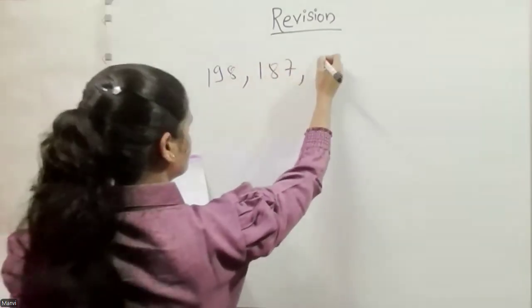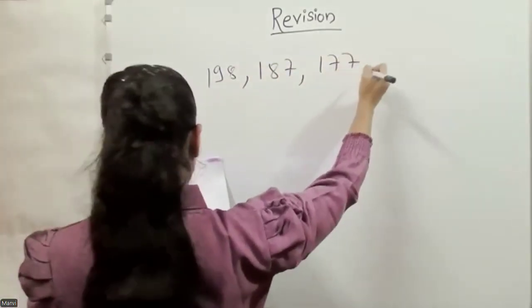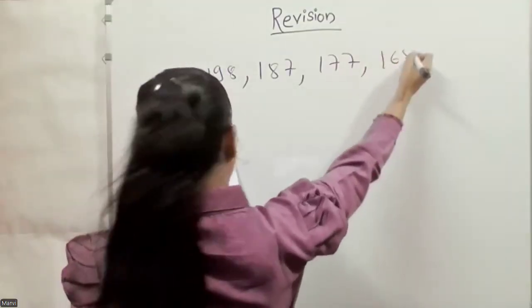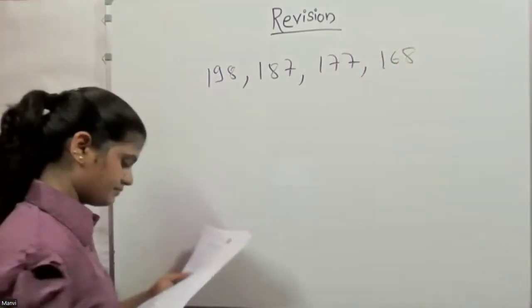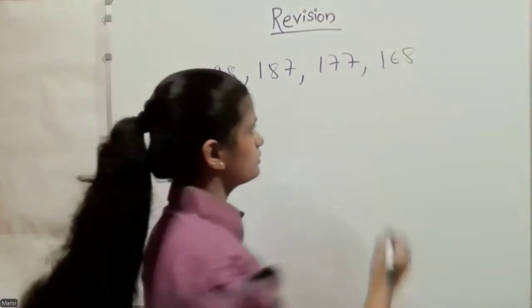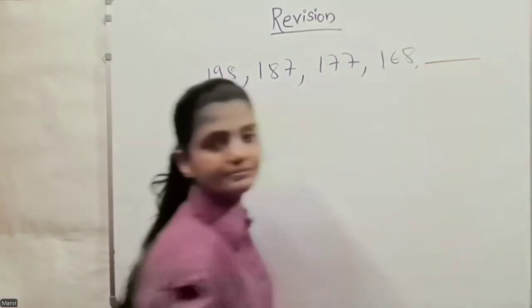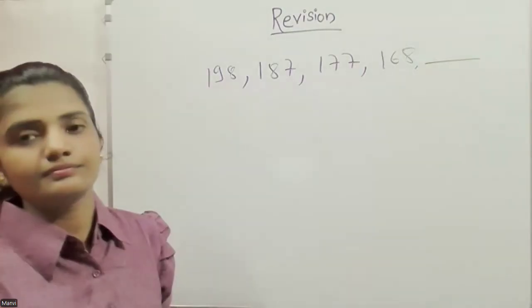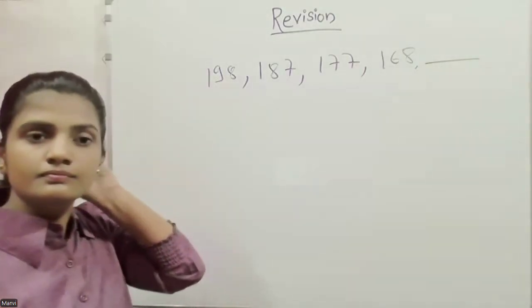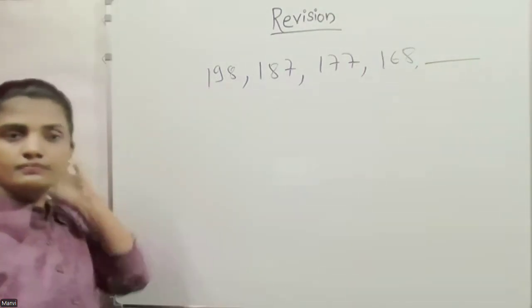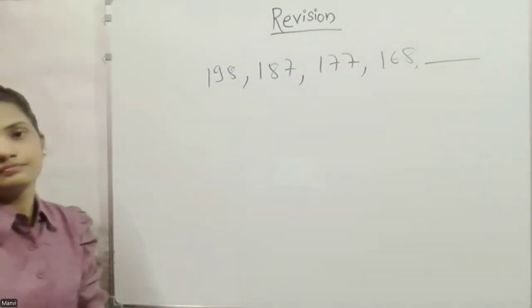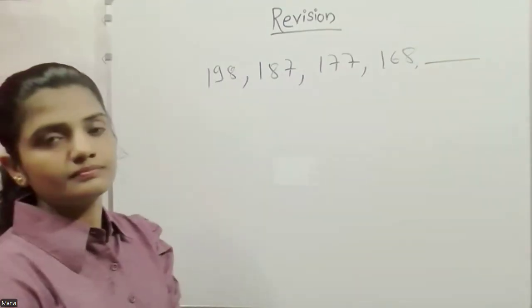Is it 157? No, 157 is wrong. That's what the order is going, like 198, then 137, and then 107.